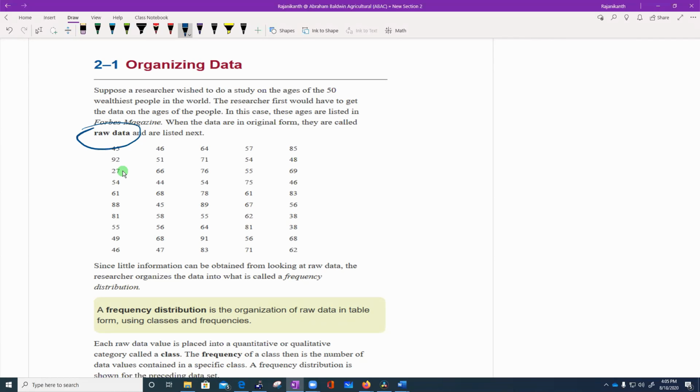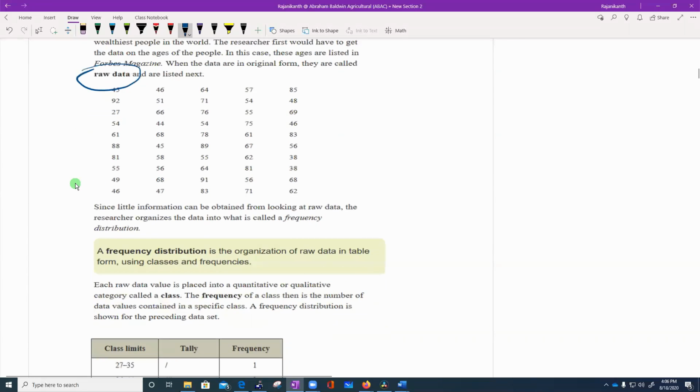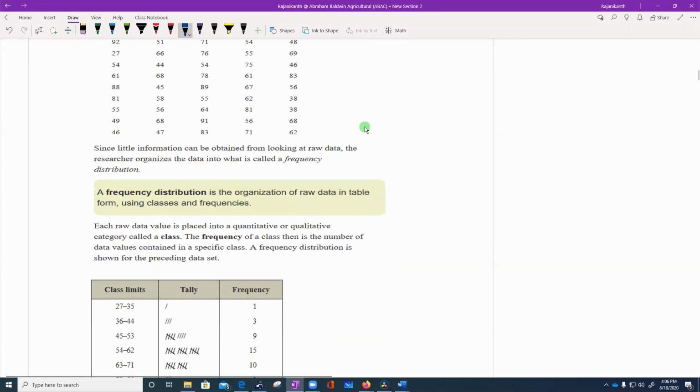There are several ways you could organize data sets, but here we organize using the frequency distribution.